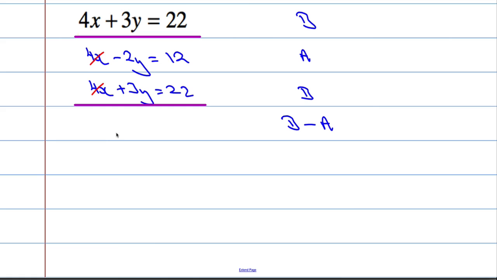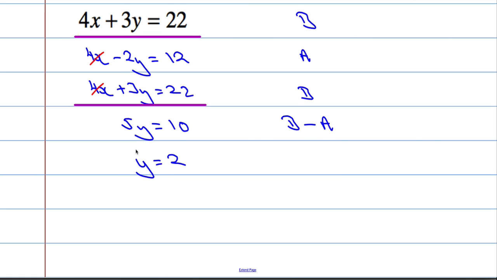One of them is eliminated. And then I do 3y take away negative 2y, which is the same as 3y plus 2y. So that gives us 5y. And then 22 take away 12 is 10. So 5y is equal to 10. That means that y must be equal to 2.